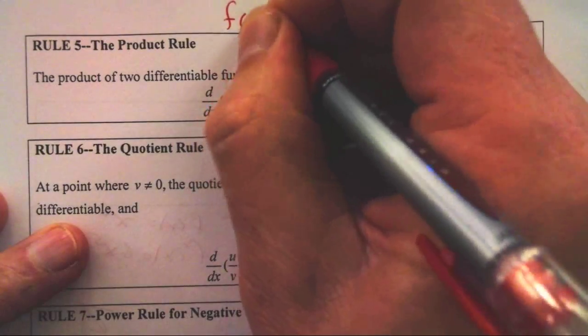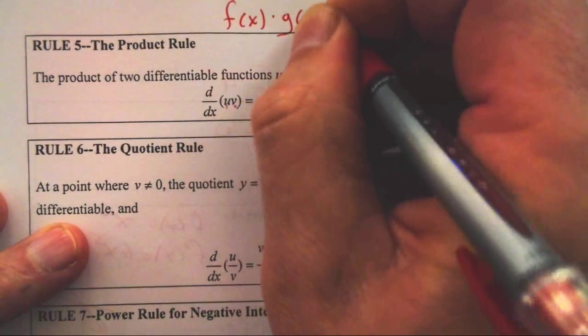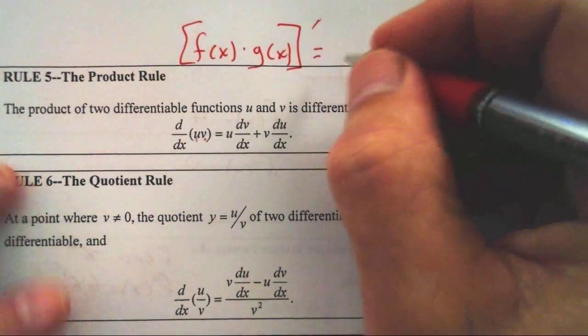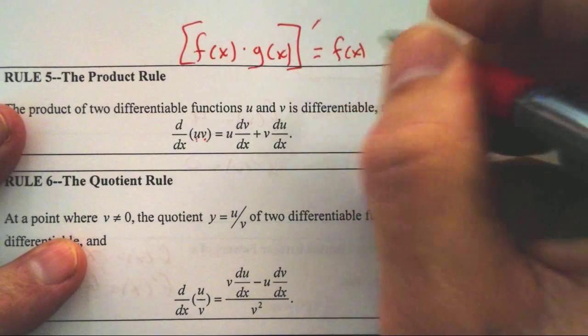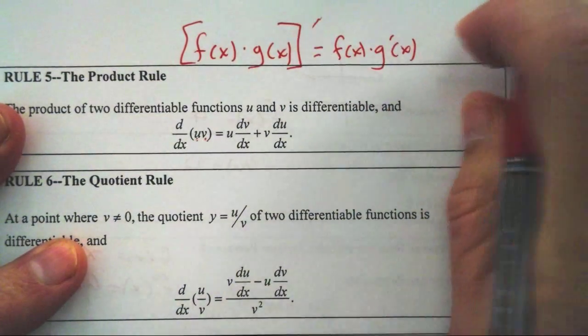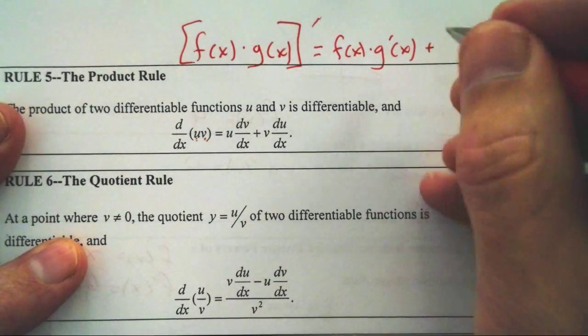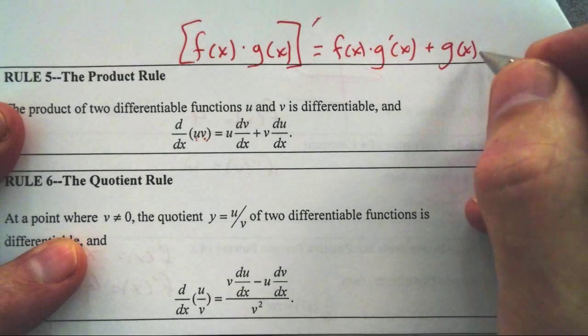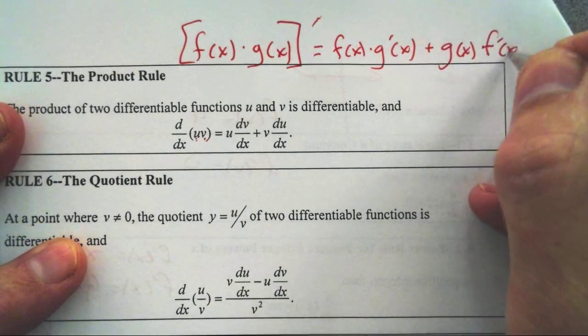If I have a function of x times another function of x, and I was taking its derivative or finding its slope formula, it is the first function stays the same times the second function's derivative, plus the second function stays the same times the first function's derivative.